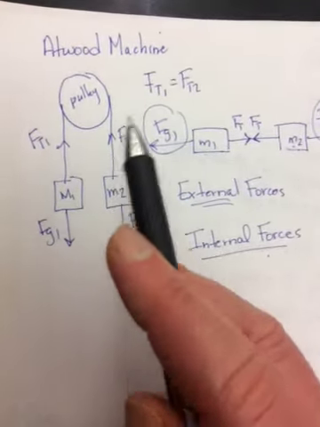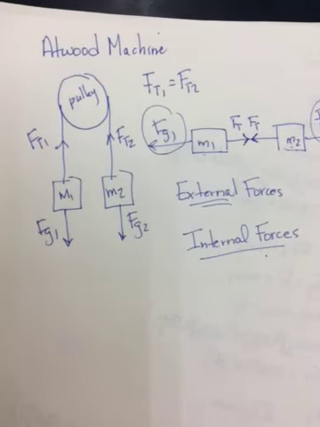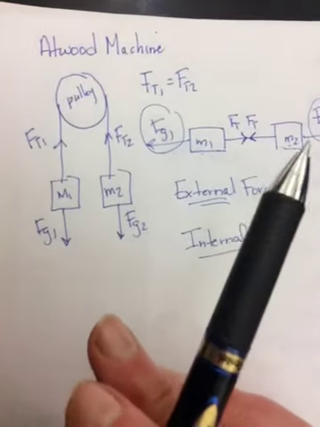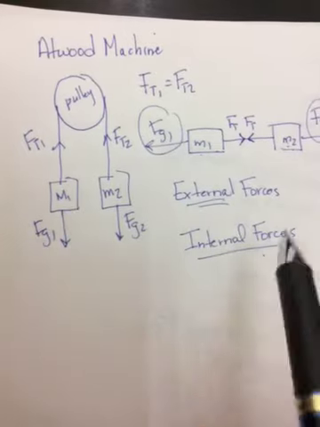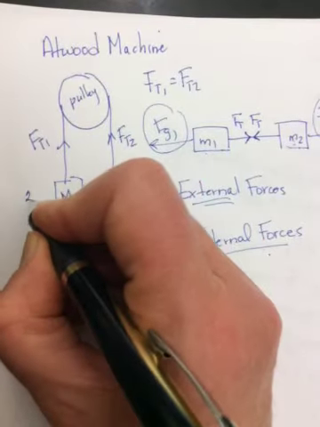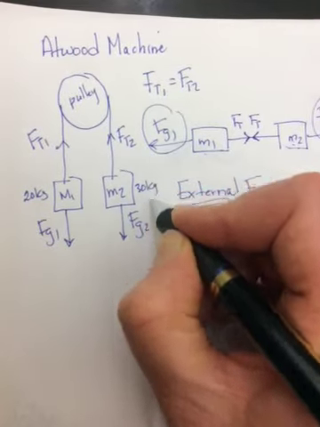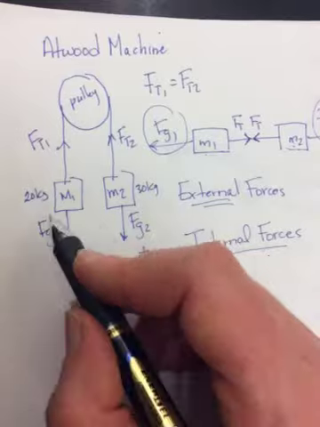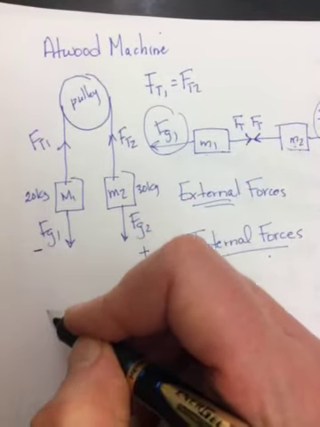One other thing, now when we get into multiple masses, you have to call the direction of motion positive. You can't just say up is positive anymore, right? Like if M1 is 20 kilograms and M2 is 30 kilograms, well then M2 is going to move downward, so down on this side will be positive, but M1 is going to move upward, so down on this side will be negative.